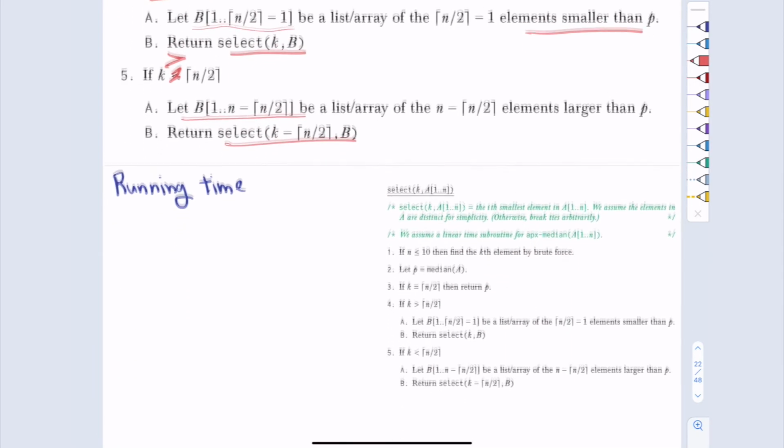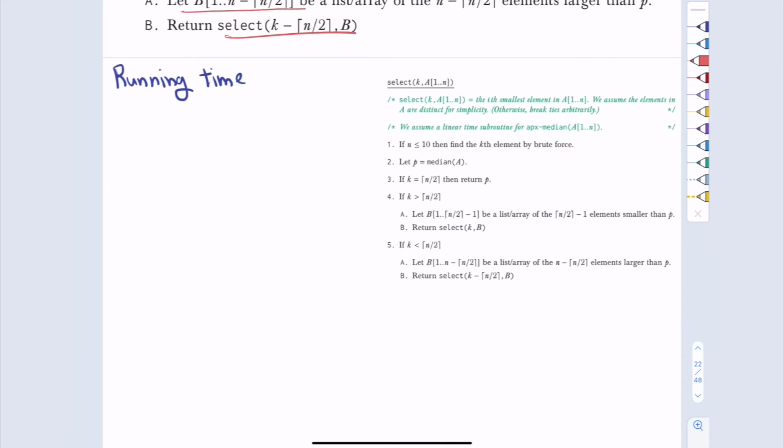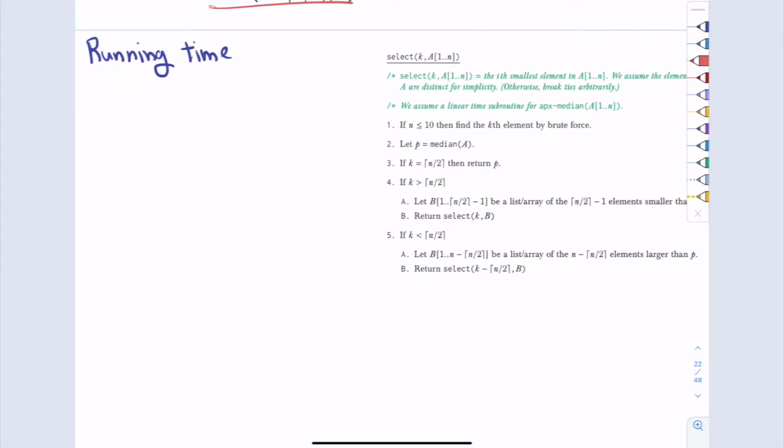So assuming that median takes linear time, how long would this overall algorithm take? So we can annotate the code. This would take linear time. This is a constant. This is a constant. I guess here I'm building an array that'll take me linear time.